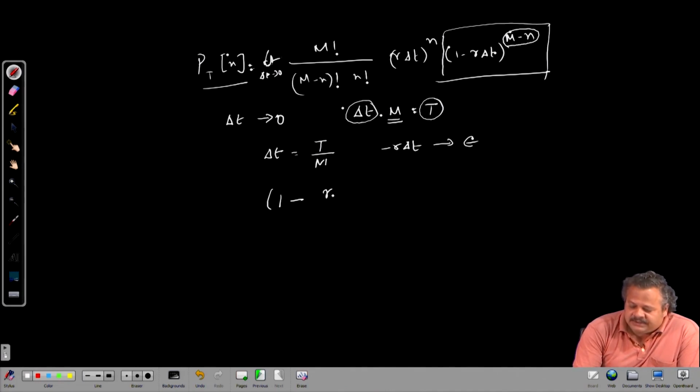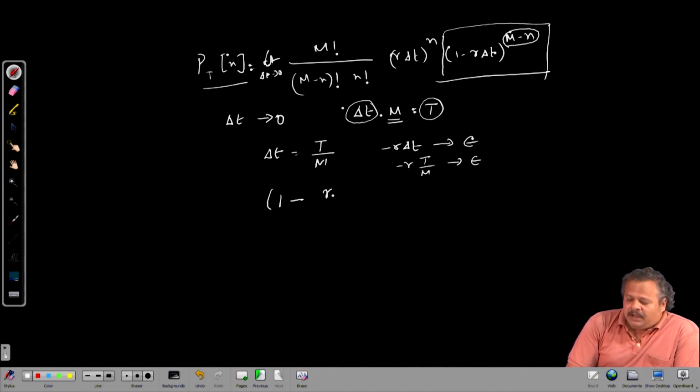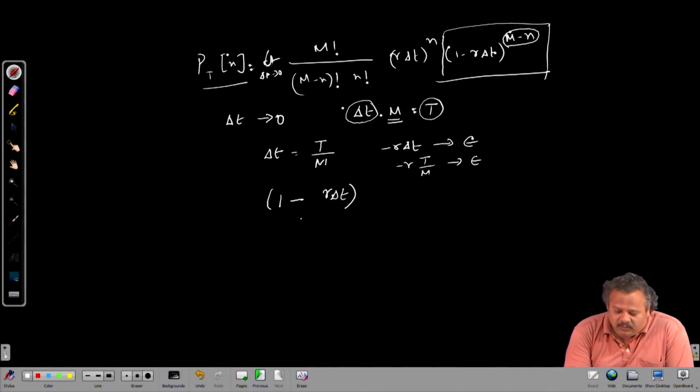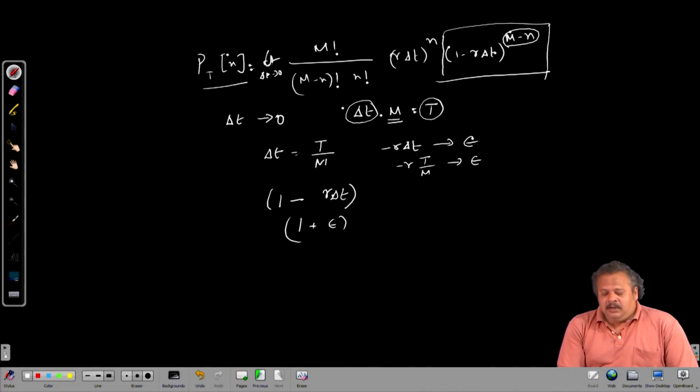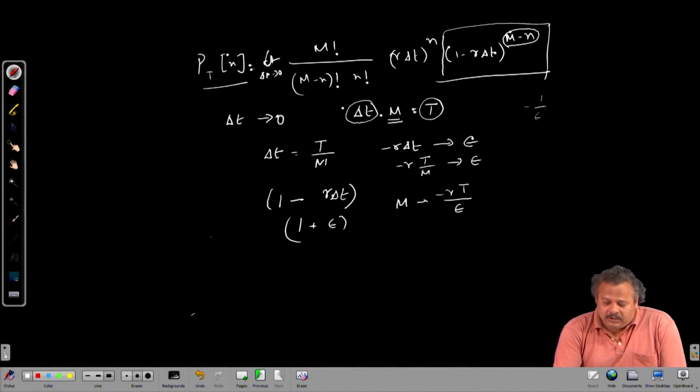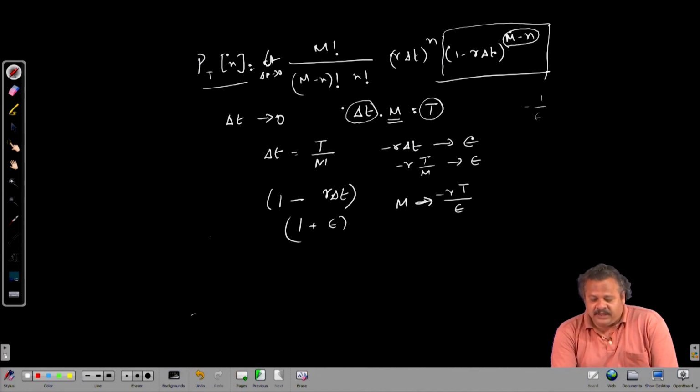Then what we have is minus r into T by m is replaced by epsilon. Then 1 minus r delta t is replaced by 1 plus epsilon, and our m is replaced by minus rT by epsilon.